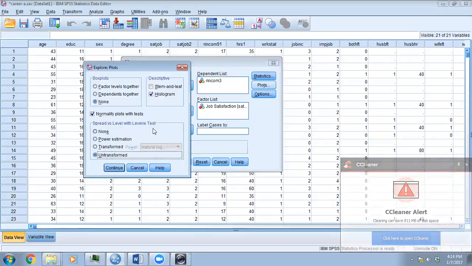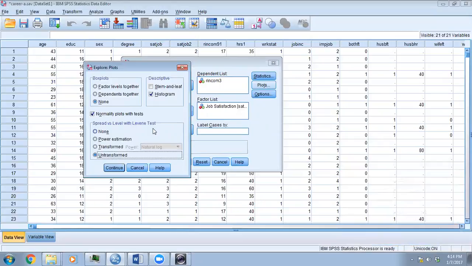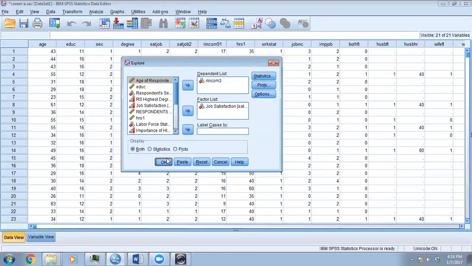That test checks whether the data has equal variances across all groups. So the dependent variable, income, must have the same variances across both the categories, very satisfied and not very satisfied. So continue, say OK here.